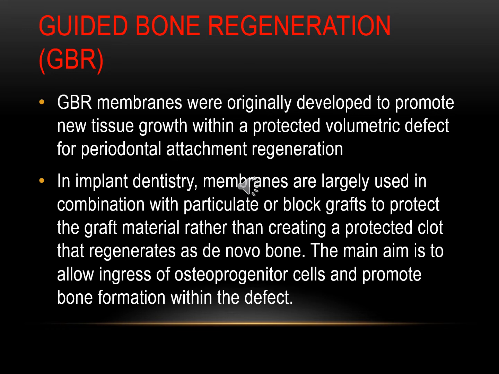These small holes allow only the osseous cells to penetrate from the surrounding bone to the bone material and will prevent the big epithelial cells from penetrating the membrane to the bone defect. This will allow bone formation inside the bone defect.